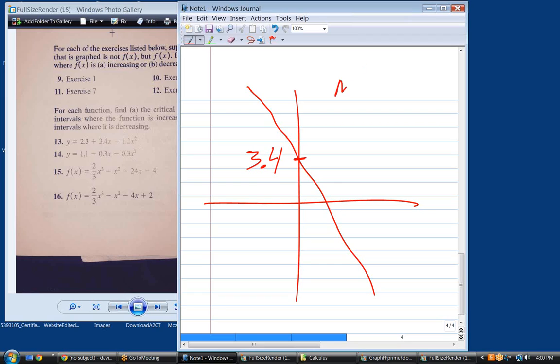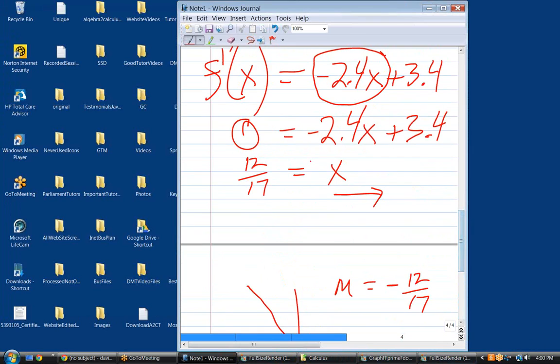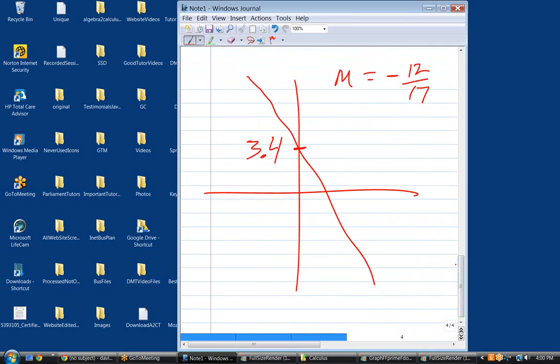The slope is negative 12/17. But you can see that if I were to graph the curve, like I just did, and by graphing the curve I mean graphing that curve, the first derivative curve, it's a straight line. And this point right here is 12/17.